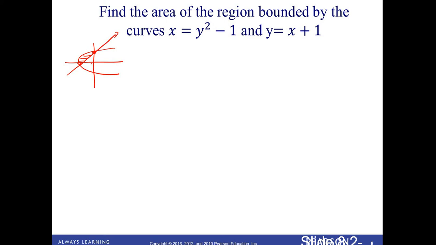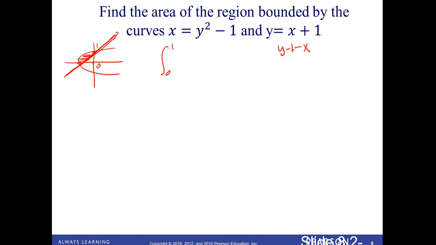So I need to go from 0 up to 1, because I'm integrating from the bottom up. So it's the integral from 0 to 1. And I need points on this graph that are x's in terms of y. So I need to rewrite my line as x equals y minus 1.